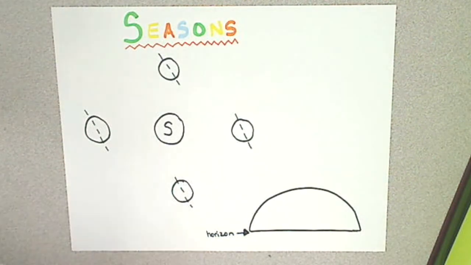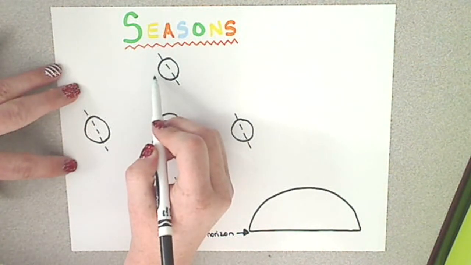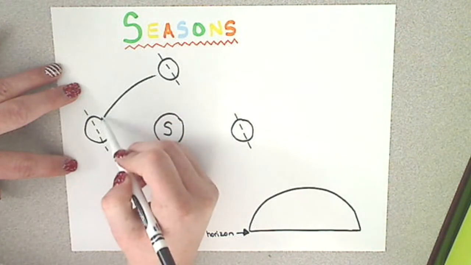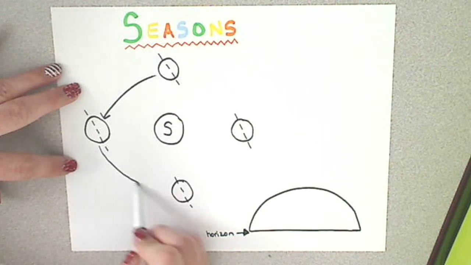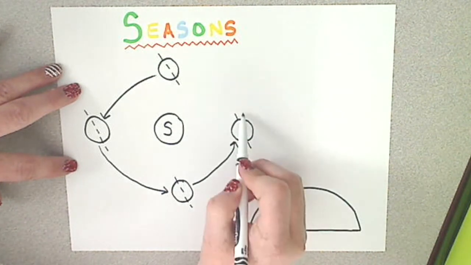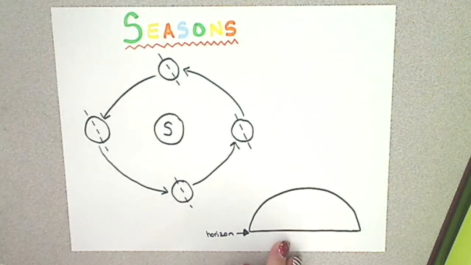Okay, and then we're going to draw arrows. Now I know this is not to scale, but that's okay. We just need the general idea of the orbit that the Earth takes around the sun.